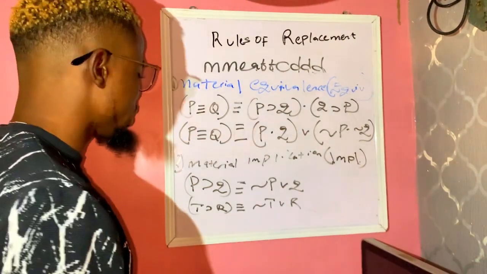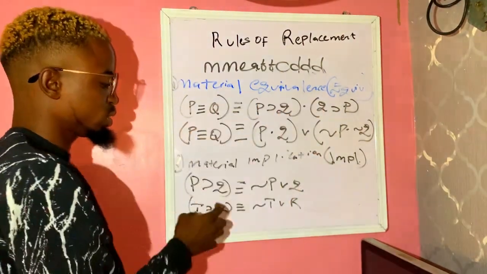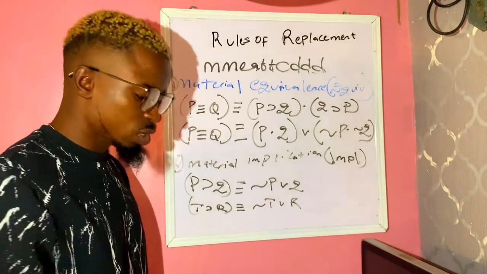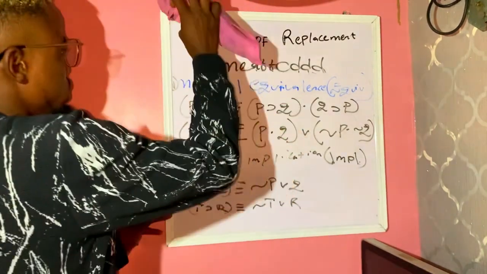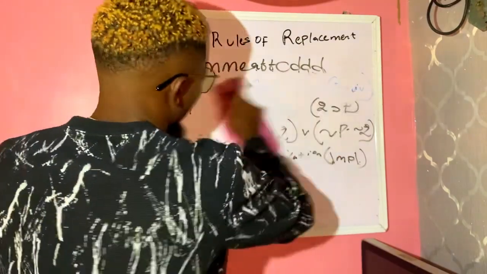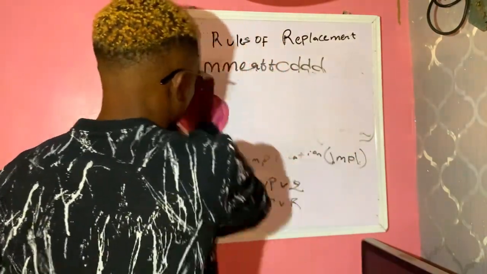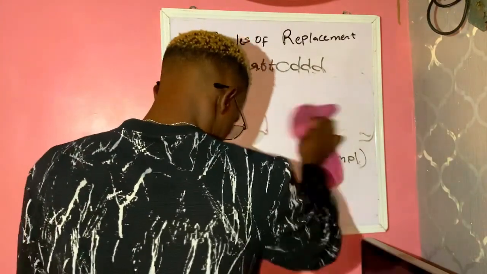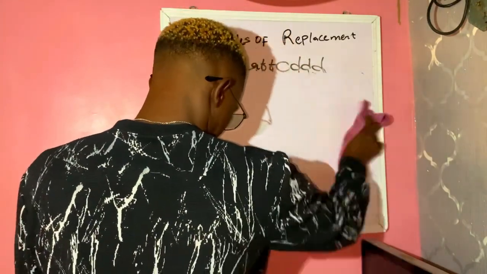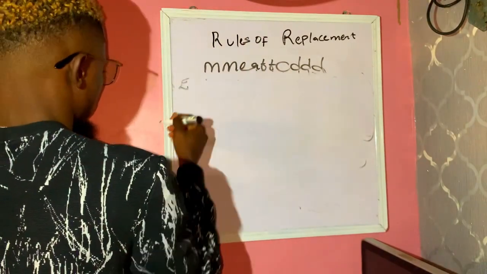So what the rule is saying is that if you have this, you can replace it with that, and the same applies to the next one. So let's go to the next one, which is exportation.